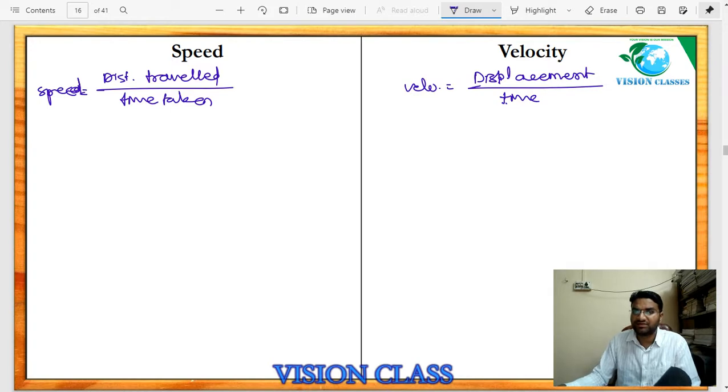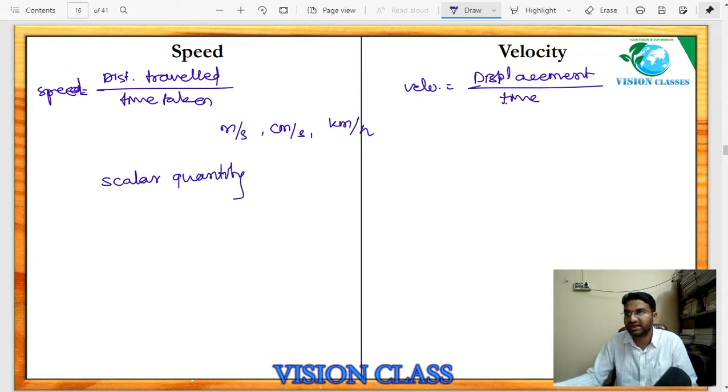The SI units of speed and velocity are the same, that is meter per second, centimeter per second, then kilometer per hour. In both cases units are the same, right? In speed, the distance traveled, we don't know the direction, right? So we know just the magnitude, that's why it's a scalar quantity, and this one is a vector quantity.